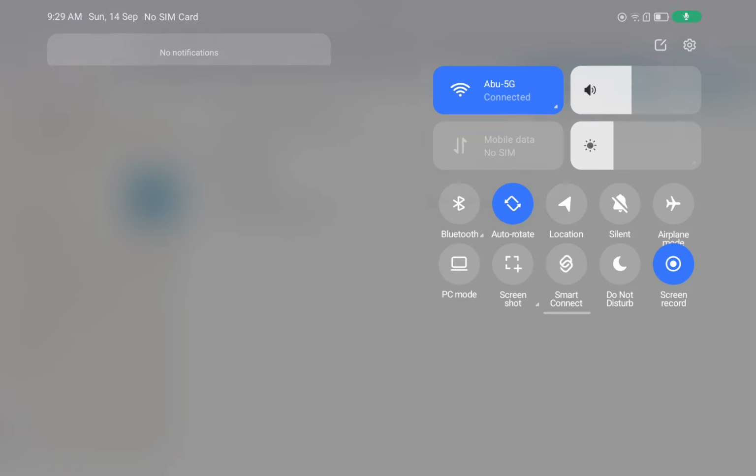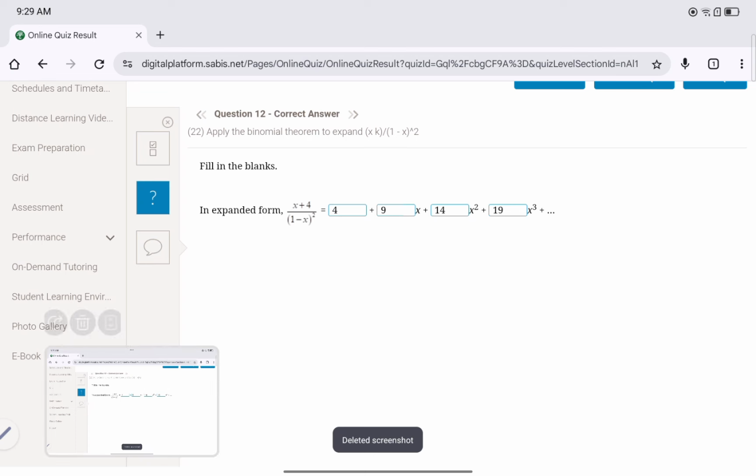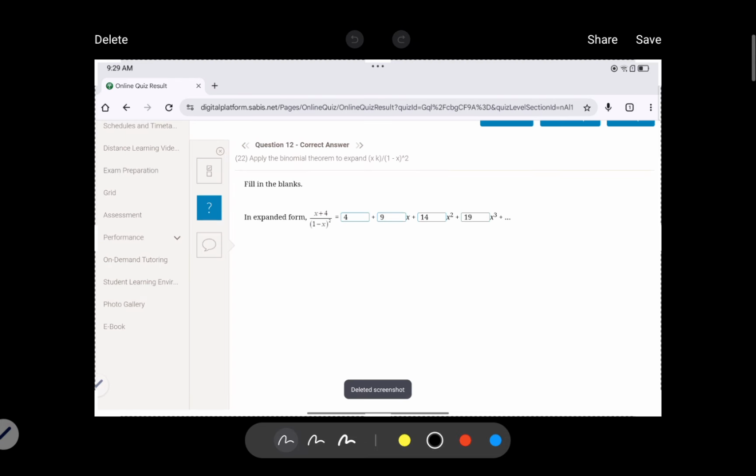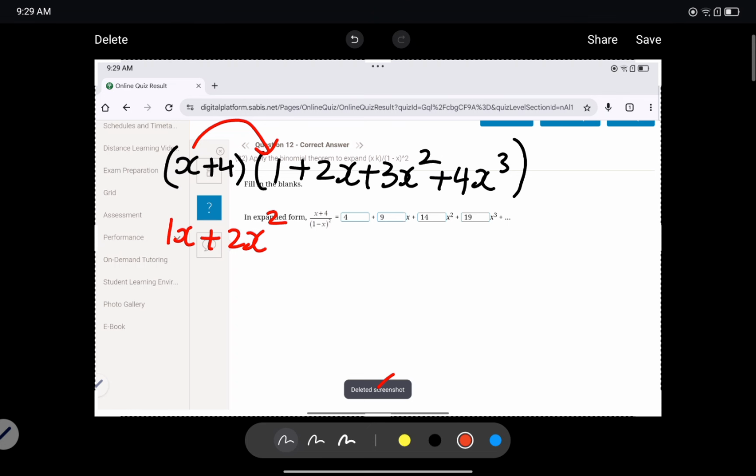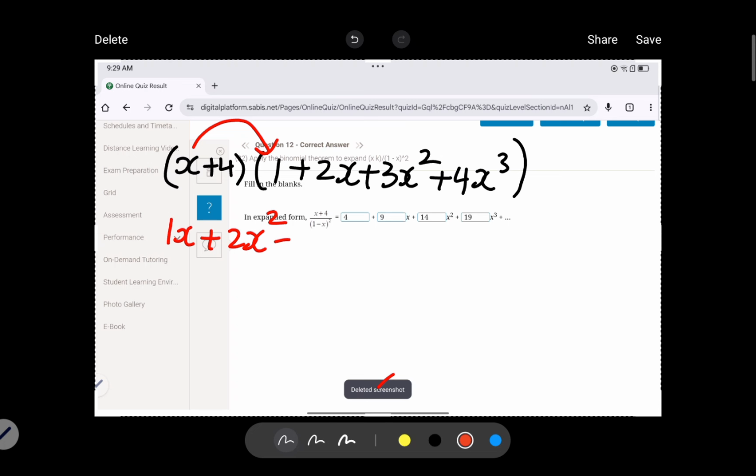Wait, let me just do it on another page so you can see it better. 1 plus 2x plus 3x squared plus 4x to the power of 3. 1x, just distribute, plus 2x to the power of 2, plus 3x to the power of 3 plus 4x to the power of 4.